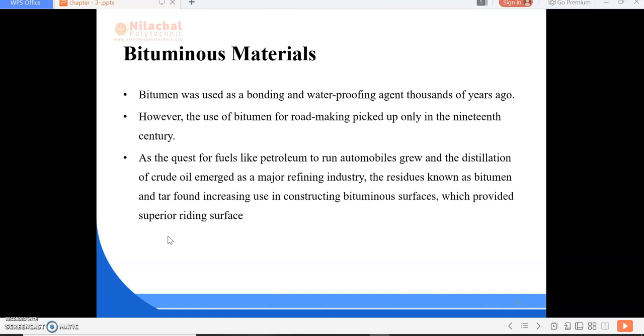As the quest for fuels like petroleum to run automobiles grew and the distillation of crude oil emerged as a major refining industry, the residues known as bitumen and tar found increasing use in constructing bituminous surface which provided superior riding surface.